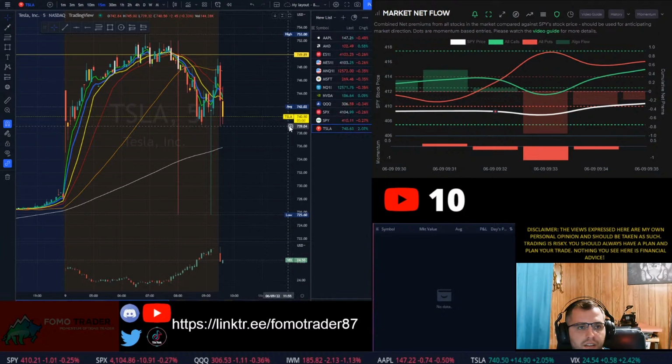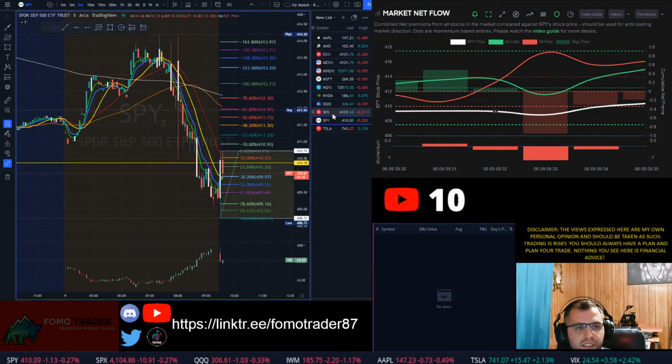So I'm going to set an alert for Tesla right here under about 739. If we break that, we should see a gap back down maybe to the 730 area. May look at some puts there.